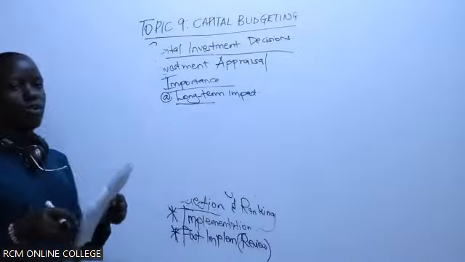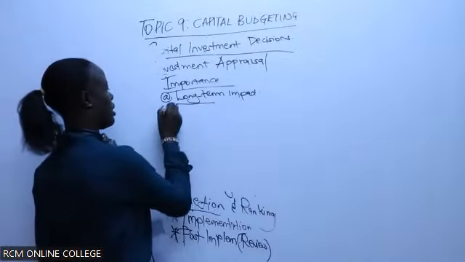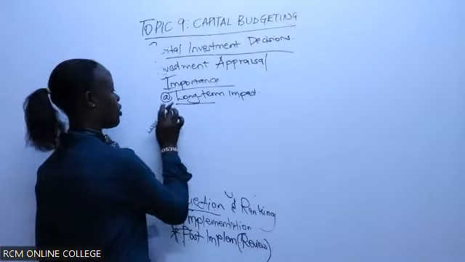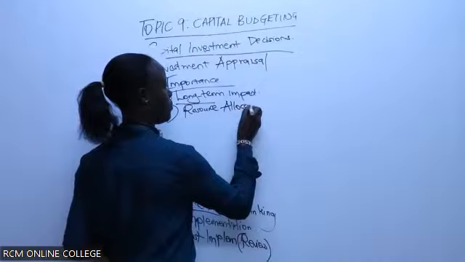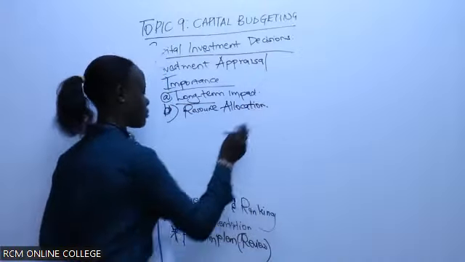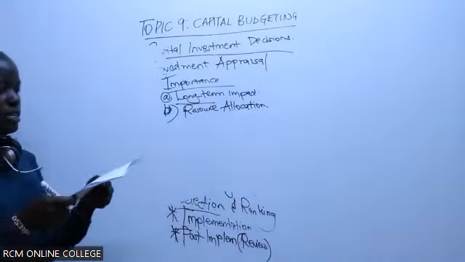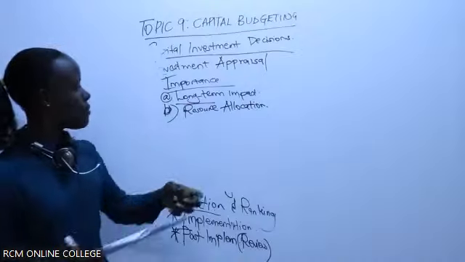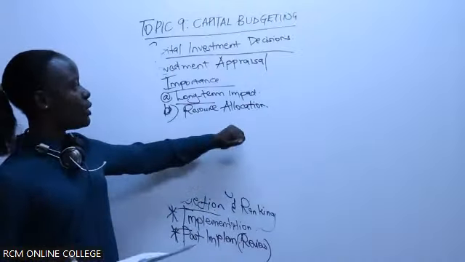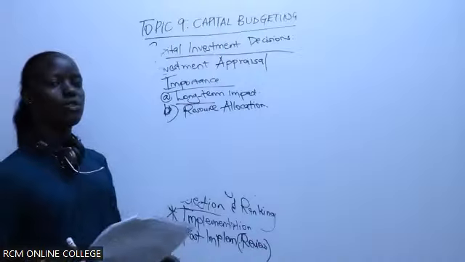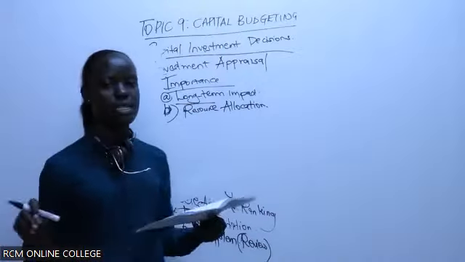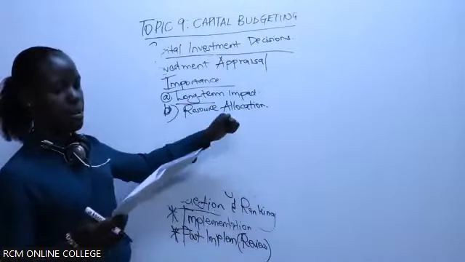Secondly, we can talk of resource allocation. For a project to reach its completion, we have to have adequate resources to facilitate this process.